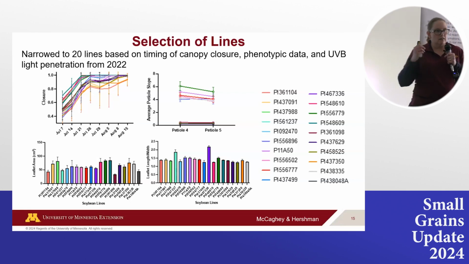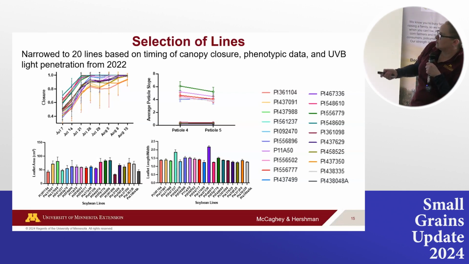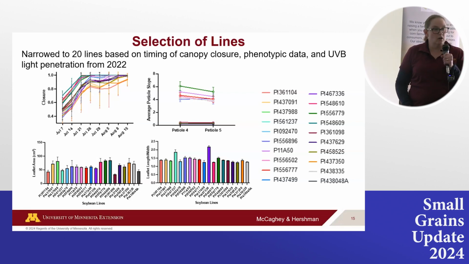And they looked at a lot of different architecture traits, trying to develop a set of lines, so these 20 lines, that vary from low, medium, or high canopy closure at flowering, for example, low, medium, or high petiole slope.